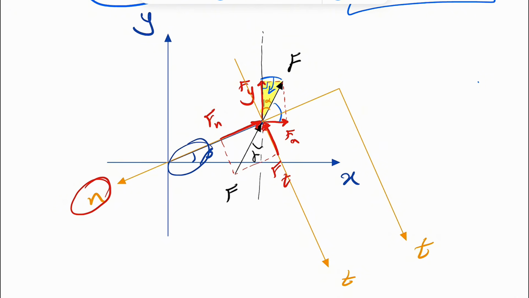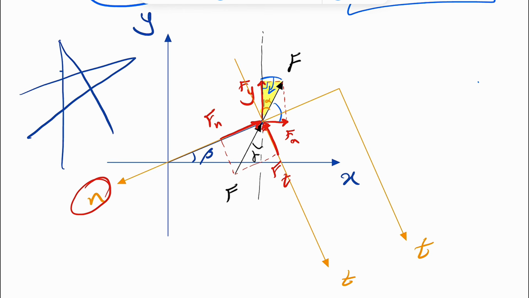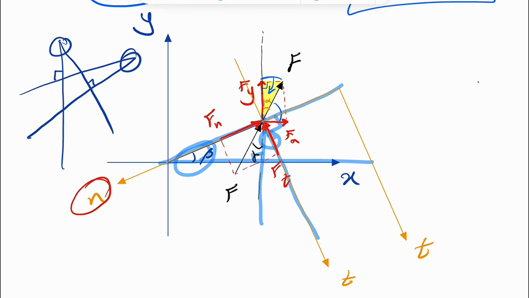But we know this angle is beta, and there was a trick that we talked about a lot on the channel: when you have two angles whose sides are perpendicular to the other one, like this, so this one perpendicular to this and this one to that, these two angles are the same. That's the same story in here because we have this one and this one, where they are perpendicular to each other. So these two angles are the same, which means the angle right here is also beta.